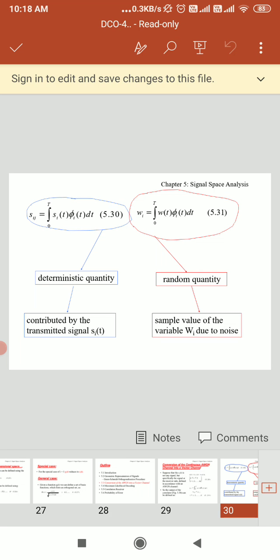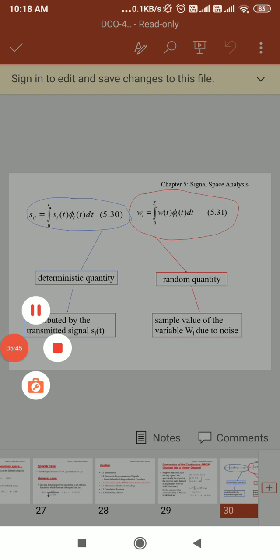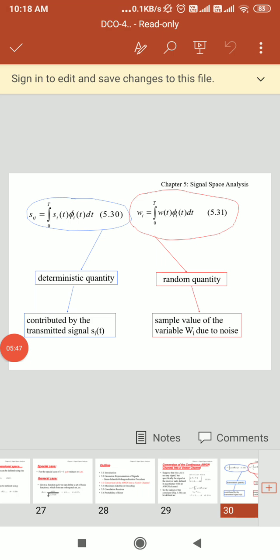It is a deterministic quantity contributed by the transmitted signal si of t. And we have the white noise, that is AWGN with zero mean. Wj equals integration 0 to T w of t phi j of t dt. This is the random quantity.